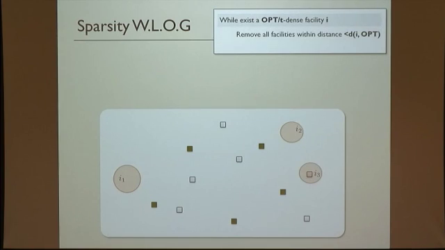I find these balls. But now the key thing is that these balls will be disjoint, by the way we constructed this iterative algorithm. So how many balls can we have? The opt over t dense means that the connection cost of the clients in this ball was opt over t.